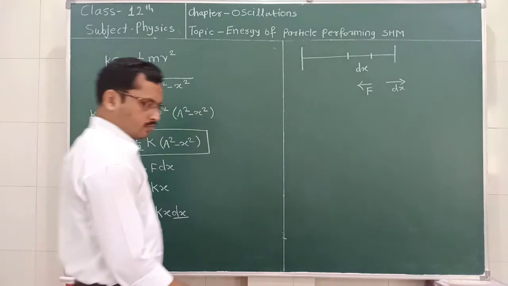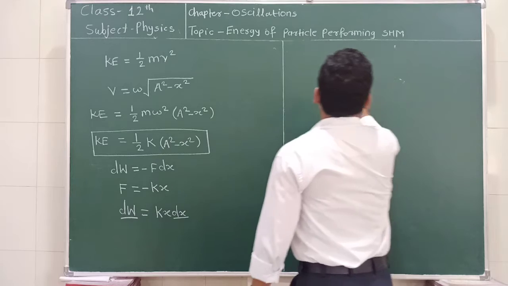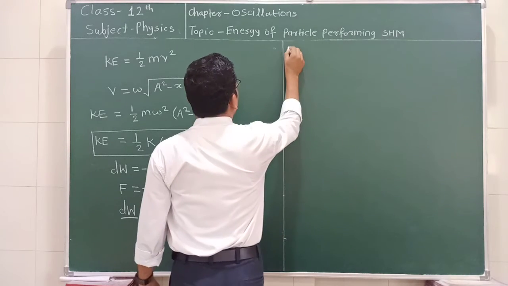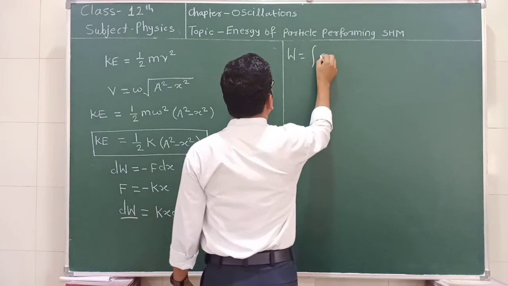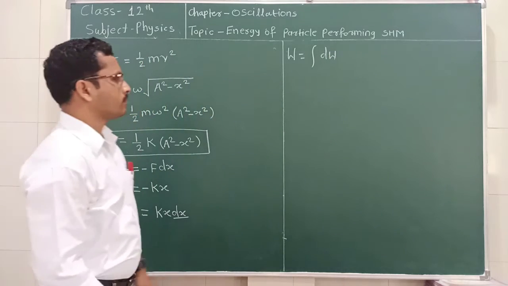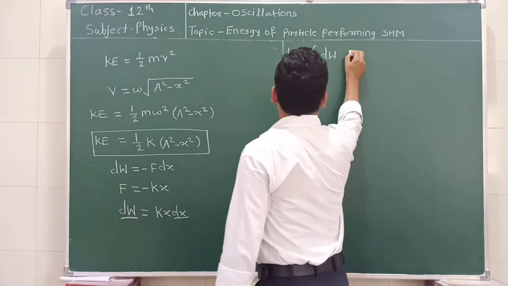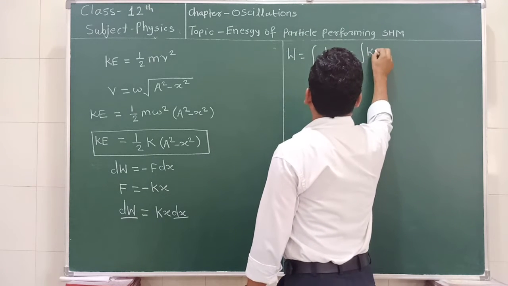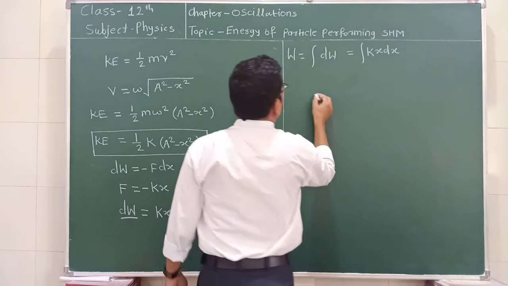So the total work done W is equal to the integration of dW, which is equal to k into x into dx.